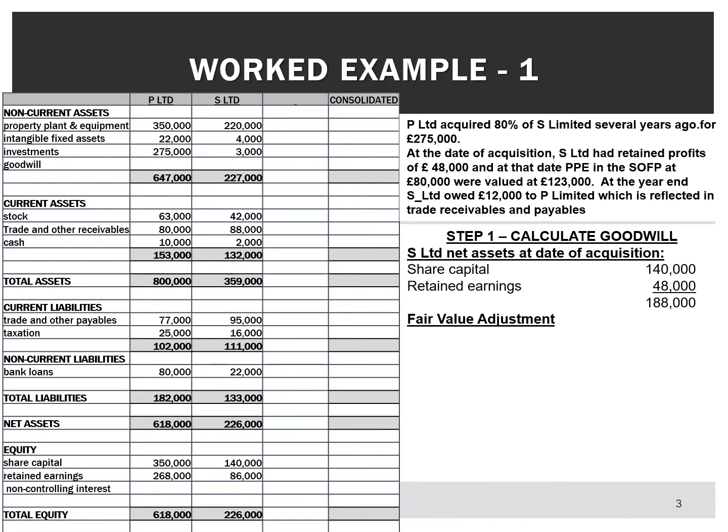The assets were worth 123,000. They're in the balance sheet at 80,000, so we need to add £43,000 on to take account of that increased value. That gives us a market value for the whole of the subsidiary at the date of buying our 80% of £231,000.